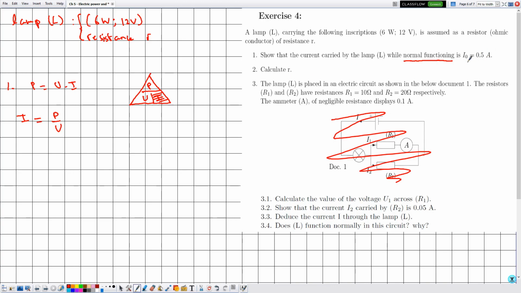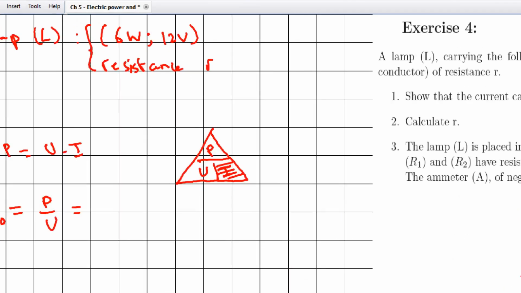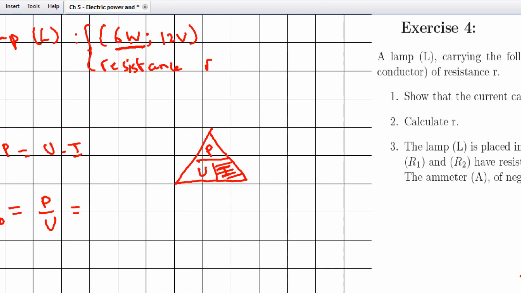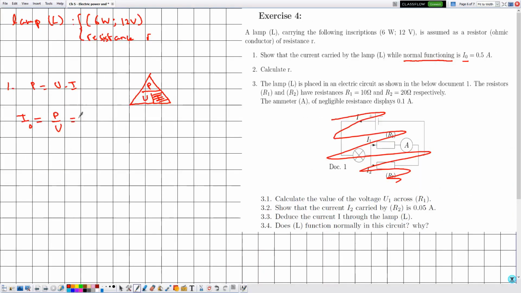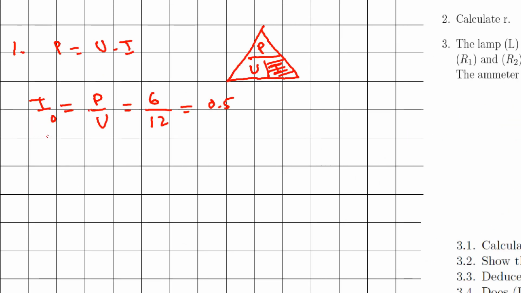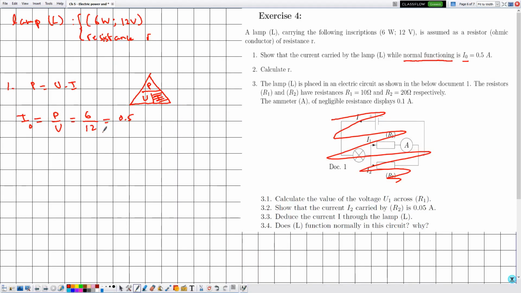Now here the electric current is denoted by I0. So the value of P from the inscriptions, this is the value of P because it carries the unit W, which is watts. Dividing it by 12, which is the voltage, will give us 0.5. This is in the SI and this is in the SI, so the value of I0 will be in the SI, which is amperes.